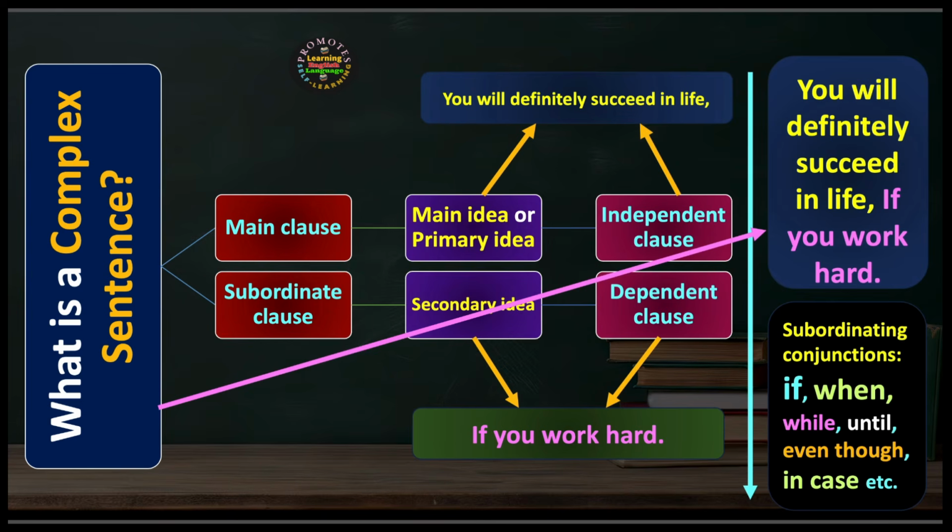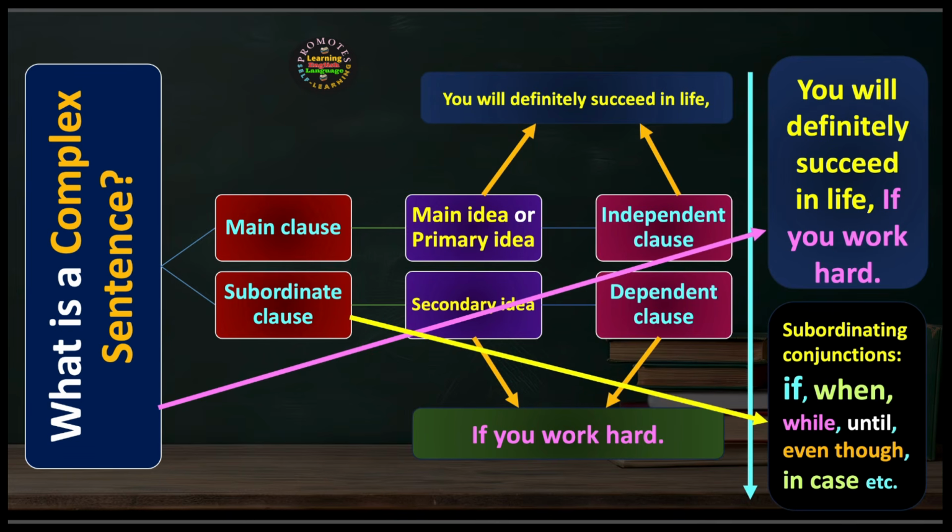And we have some subordinating conjunctions, for example, if, when, while, until, even though, in case, so that, and so on. We have a number of subordinating conjunctions. If any sentence contains any one of these subordinating conjunctions, that could be an example of a complex sentence. And a complex sentence cannot be formed without the help of subordinating conjunctions, because subordinating conjunctions help form the subordinate clause in the complex sentence.